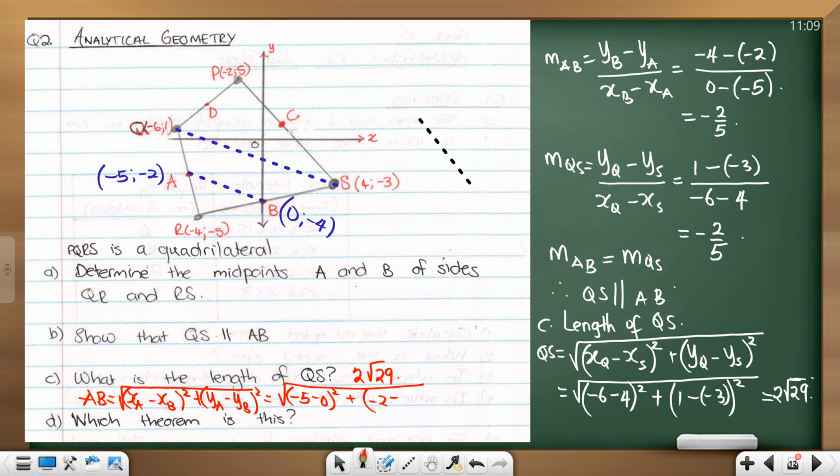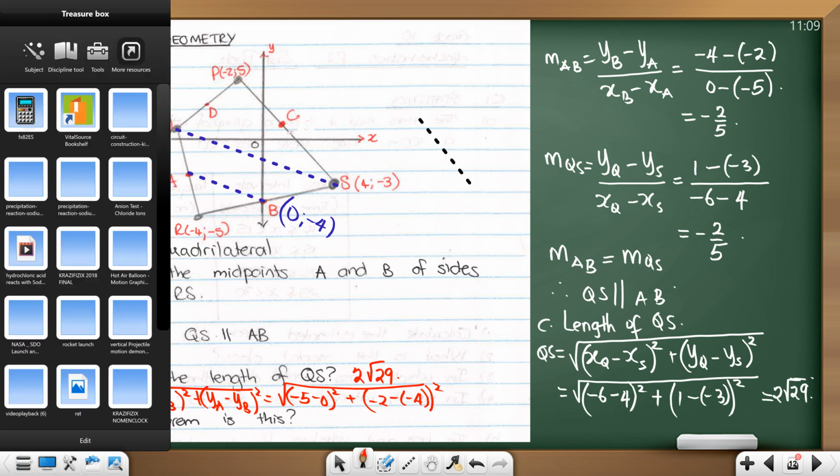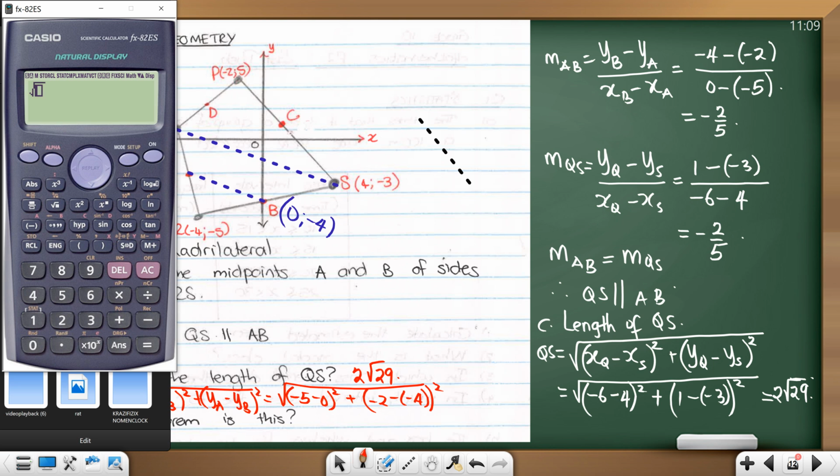What is the Y value of B? Put a bracket, -4. Close the bracket, then square it. Okay. Look at my calculator, guys. Square root, you must get root 29. It's giving you error.